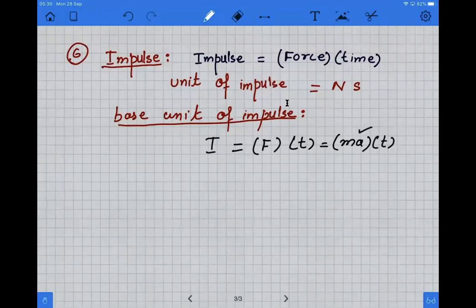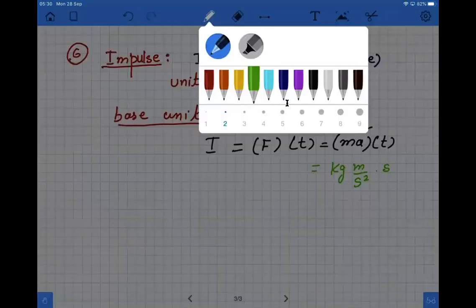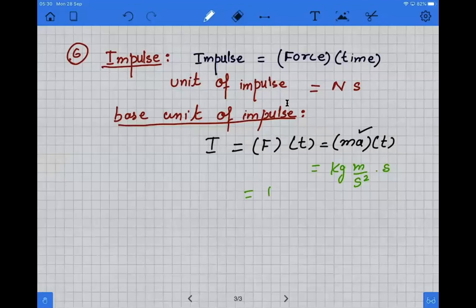So if we substitute the units, it would become kilogram meter per second square into second. So finally it would become kilogram meter second power 1, second power minus 2, that is kilogram meter second power minus 1.